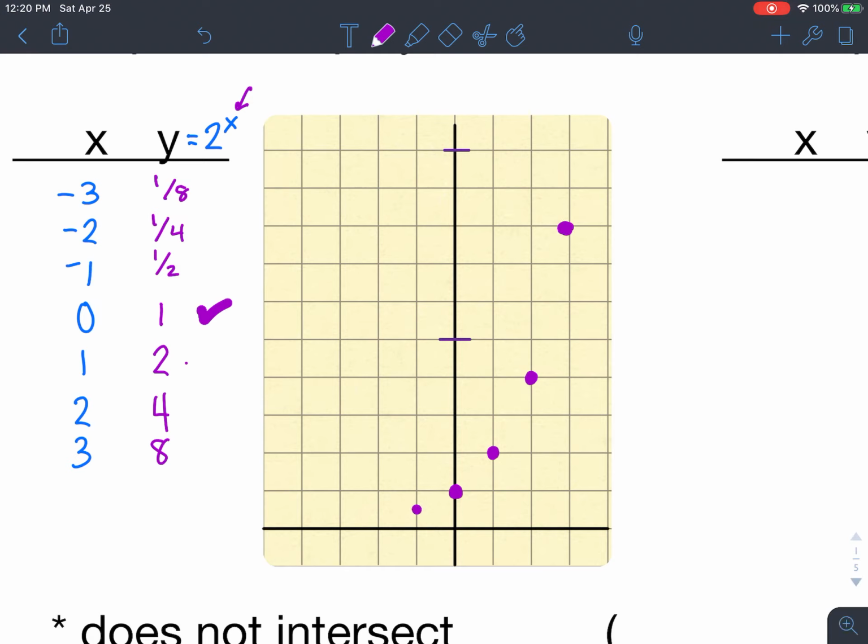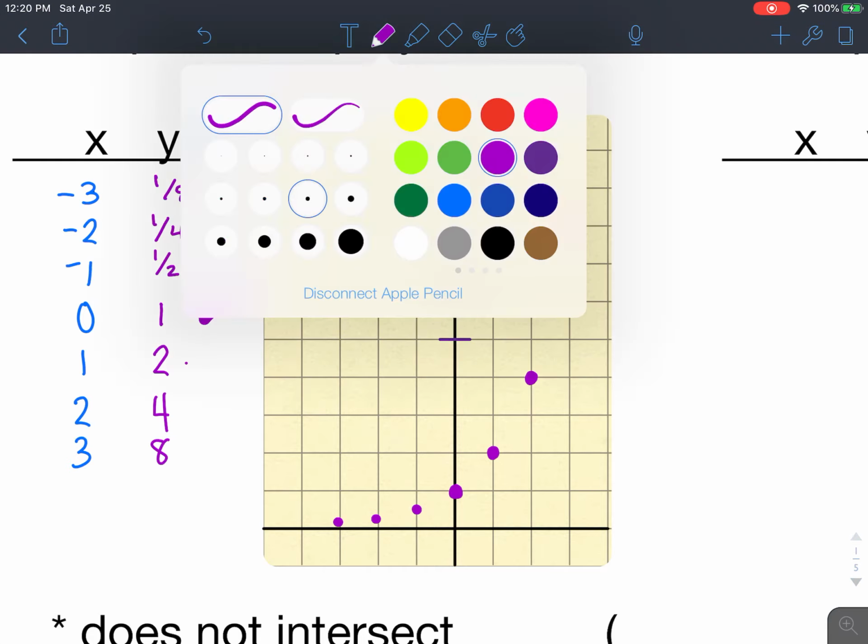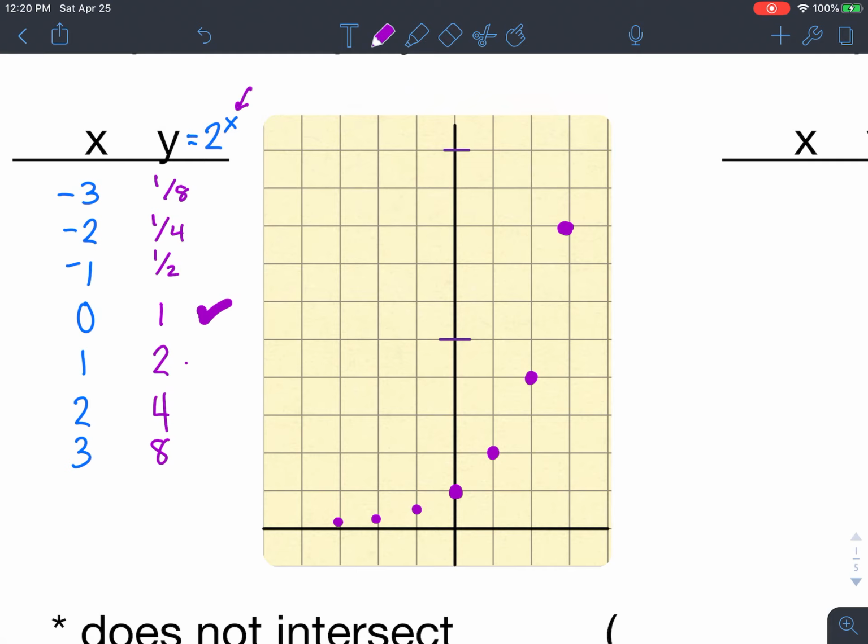So -1, 1/2, -2, 1/4, -3, 1/8. And so now we can graph this. Oh, that's a little wavy, but that's okay.